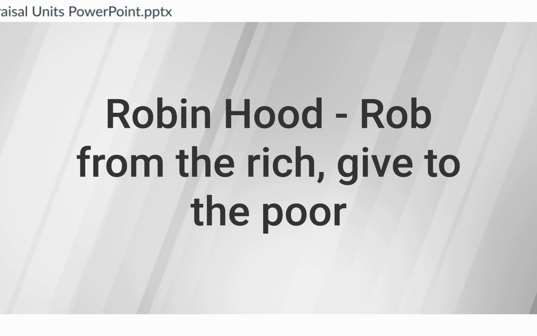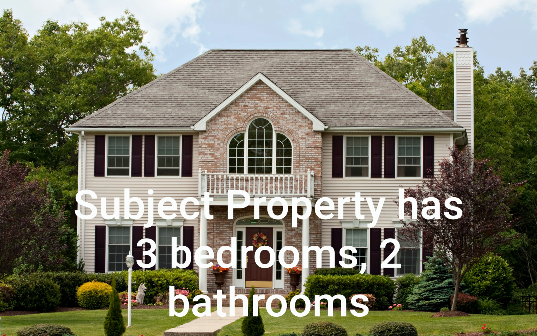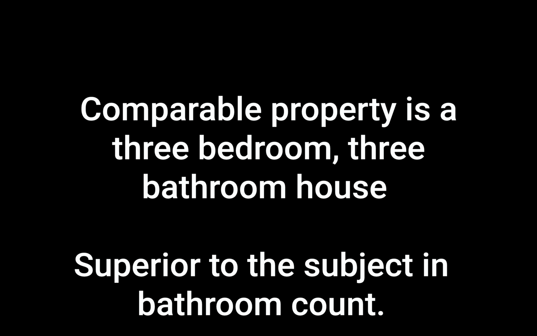So let me give you an example. Let's say that my subject property is a 3-bedroom, 2-bath house, okay? And the first comparable that I'm using to try to determine the value is a 3-bedroom, 3-bath house. Now remember, my subject has 3 bedrooms and 2 baths, and my comp has 3 bedrooms and 3 baths. It's superior compared to my subject, because would you rather have, all things being equal, 3 bathrooms or 2?